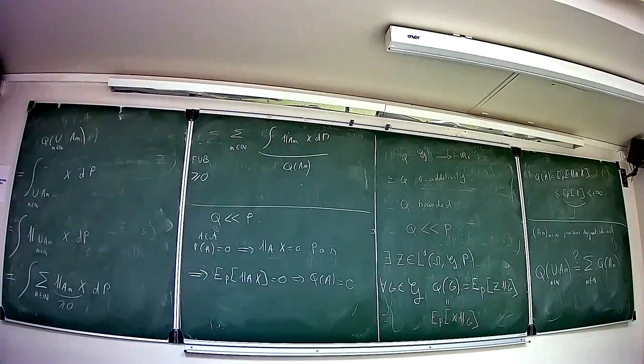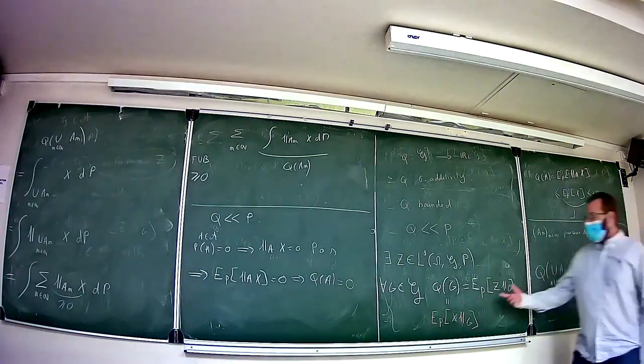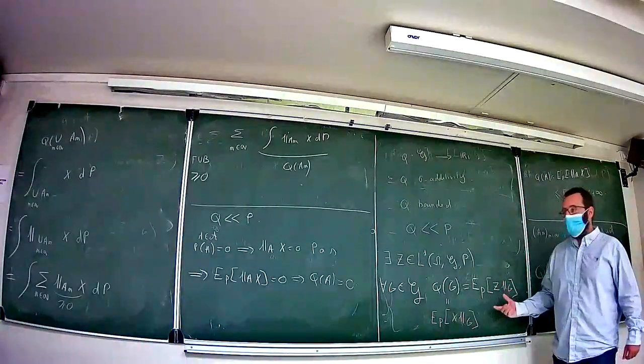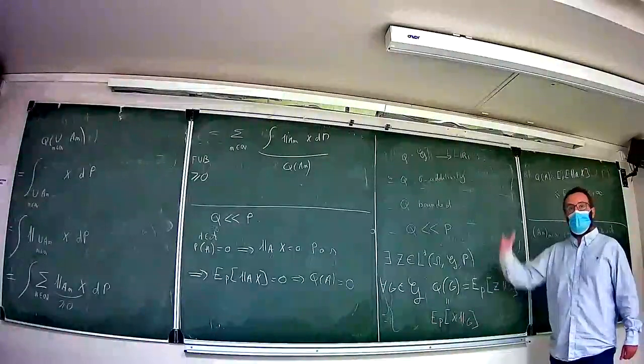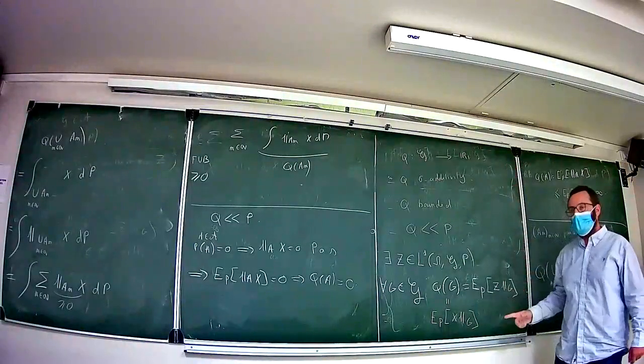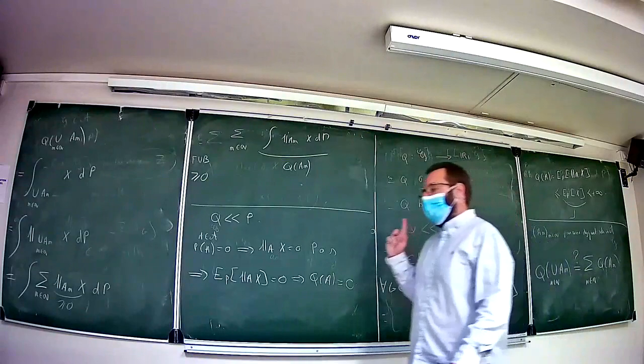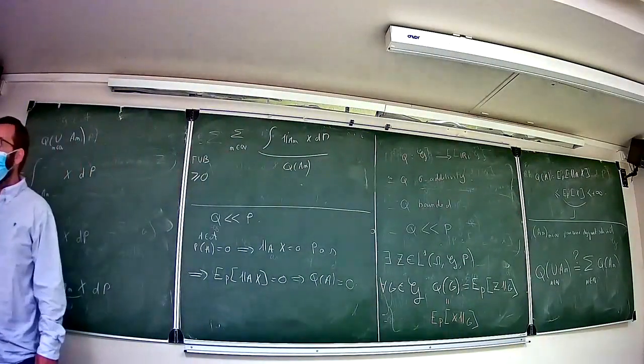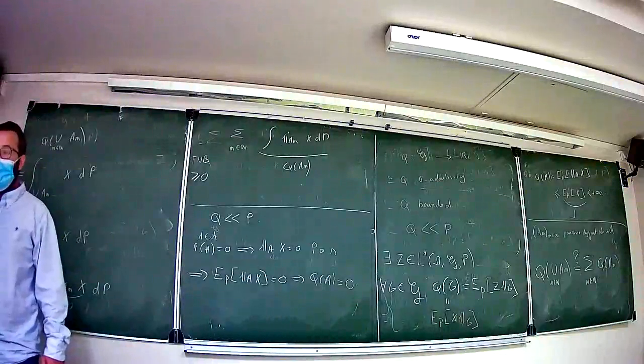Z is J measurable in L1 and fulfills the equality between the expectations here. So you have proved that in the case where X is positive, I have the right to define the conditional expectation from the Radon-Nikodym theorem.